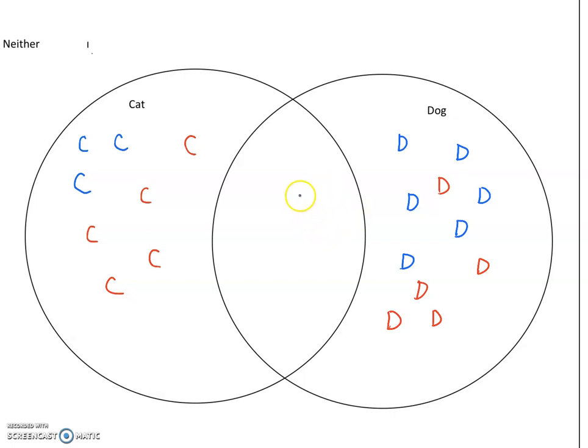Now, in the category where they have both a dog and a cat, we have 2 male children whose families have both a cat and a dog, and we have 3 female children whose families have both a cat and a dog. And then the poor sad children who have neither, we have 5 male children and 2 female children.